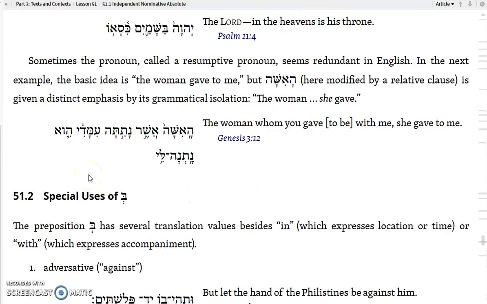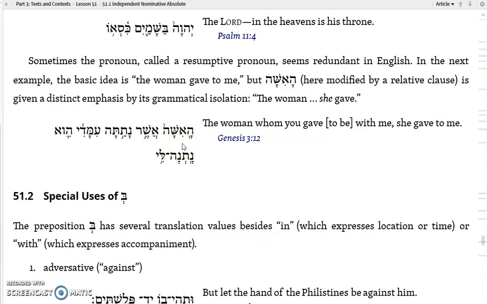Now, sometimes this can occur with a pronoun called a resumptive pronoun, which might sound a little redundant in English. But here you have the example, Ha'isha asher natata imadi, hi natena li.